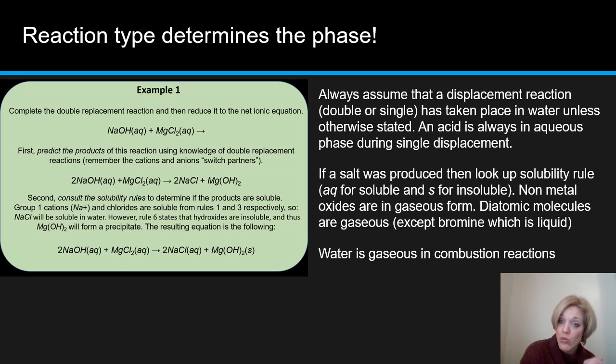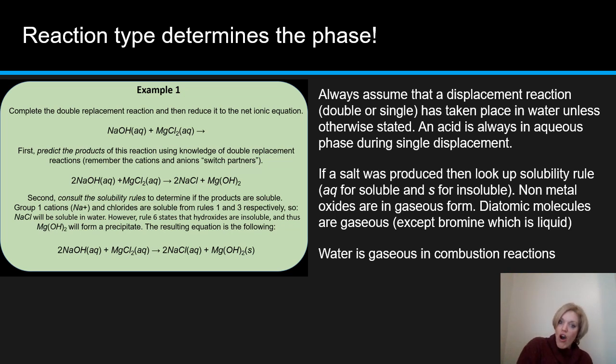It needs to be in water. Therefore it's aqueous. An acid is always in an aqueous phase during single displacement. If a salt was produced, then look up your solubility rule. So aq is for soluble, and s is for insoluble. Because remember, that's your precipitate. That is your solid that is formed.